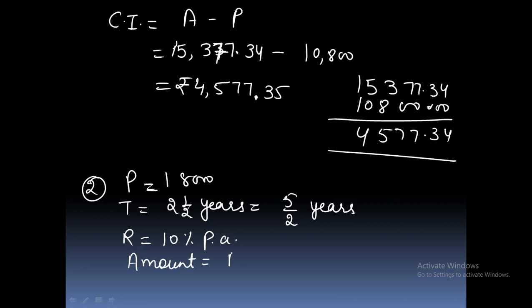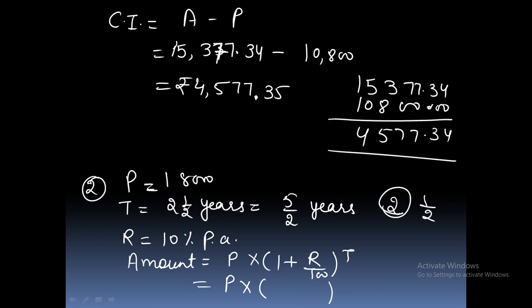Amount is equal to P multiply 1 plus rate over 100 power t. For solving amount's value, we will take the power only. Here we will only take this 2, and this 1 by 2 is used for calculating simple interest, and then we will add both interest.